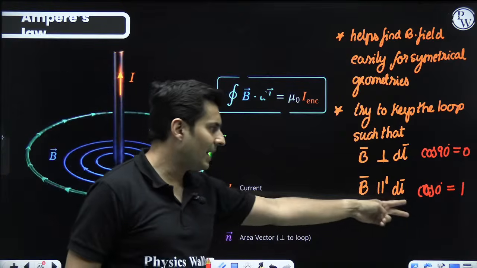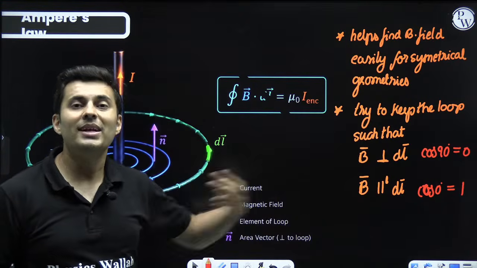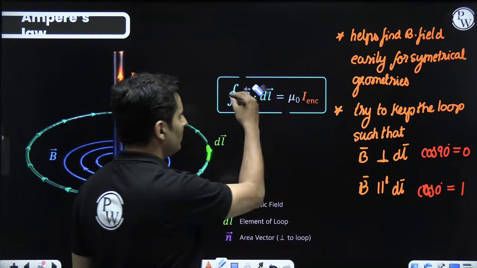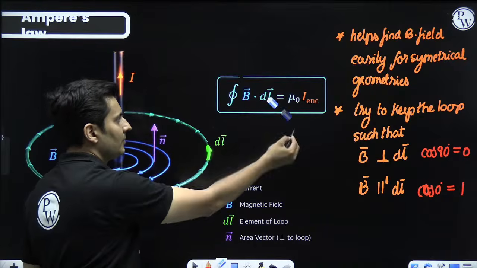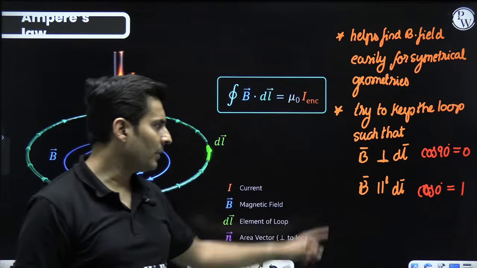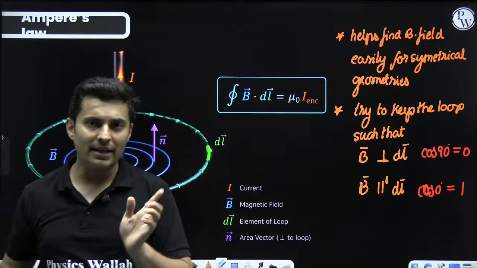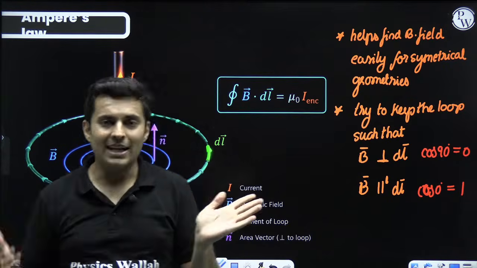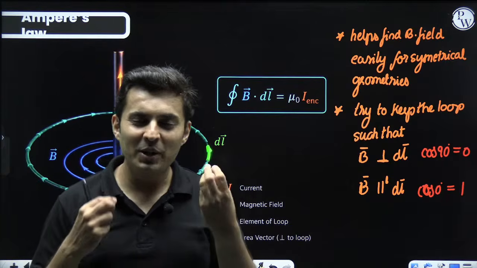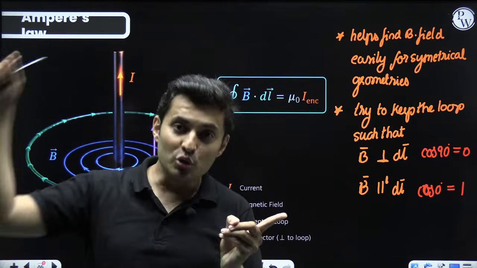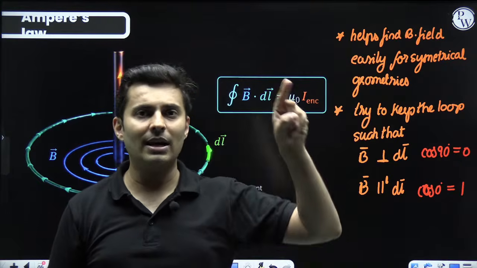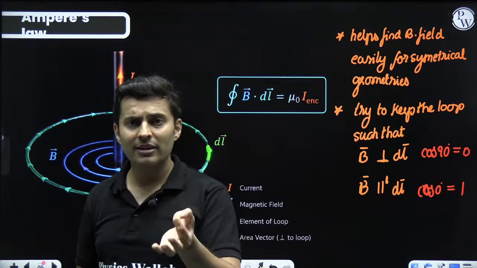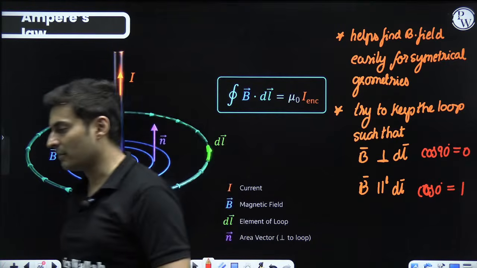And if it is parallel, cos 0 becomes 1, so B dot dl will become B dl. That is the advantage of it. Is that clear, guys? Everyone? So choose the length so that either you are traveling along the magnetic field or perpendicular to the magnetic field. That will help you find the field in a simpler manner.